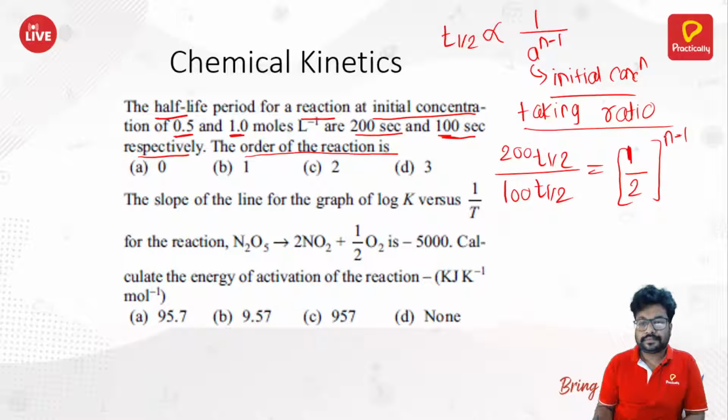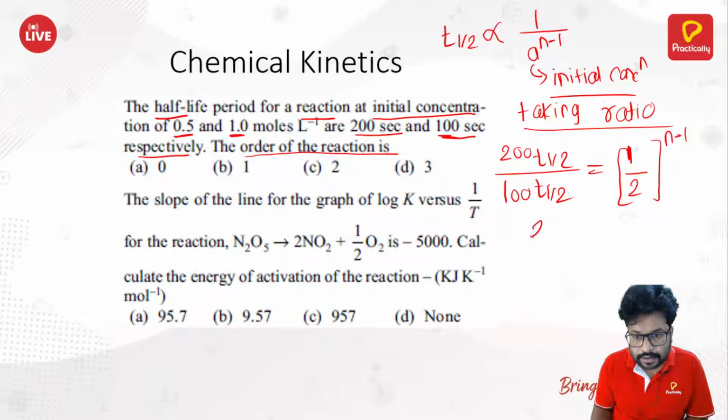Let me calculate it. 2 by 1 is equal to, reversing this, 2 by 1 raised to 1 minus n.